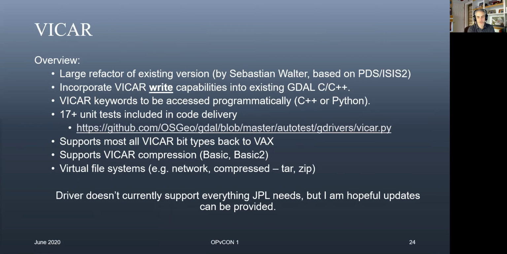GDAL also doesn't have one of the VICAR use cases, which is being able to put in RPCs or codes for emulating camera models into labels. It was outside of the current contract. But again, we have control over this format, so hopefully we can continue to upgrade that for their needs.